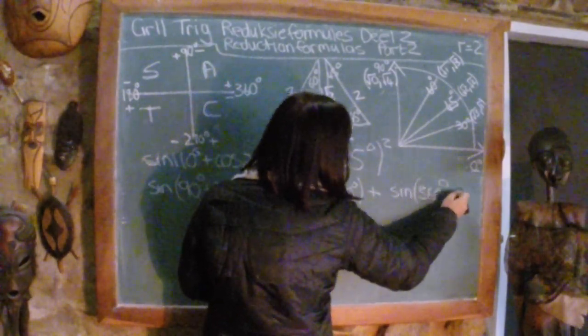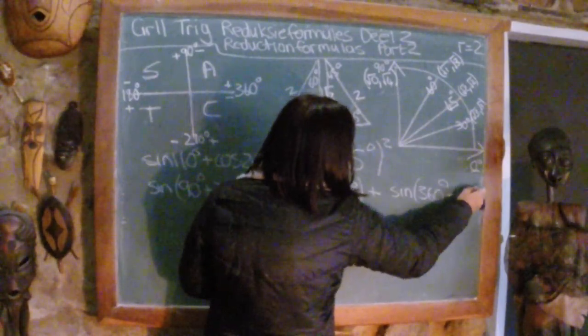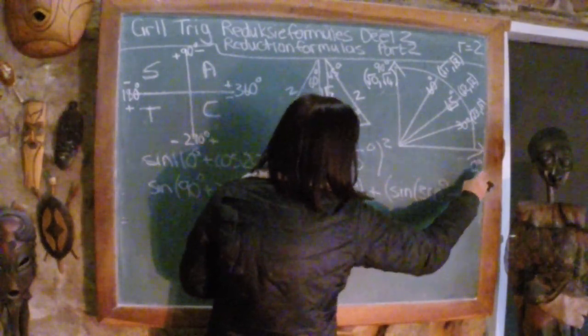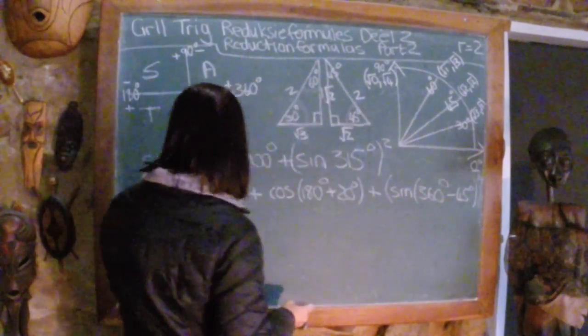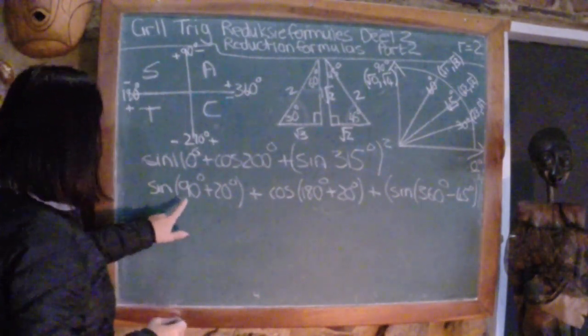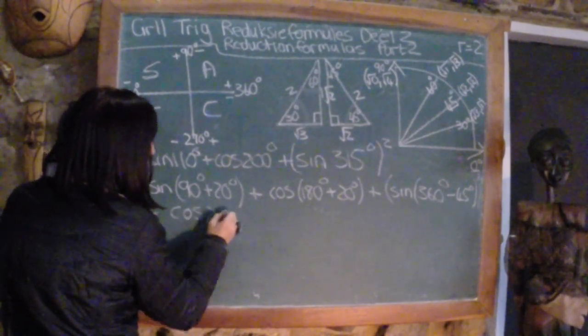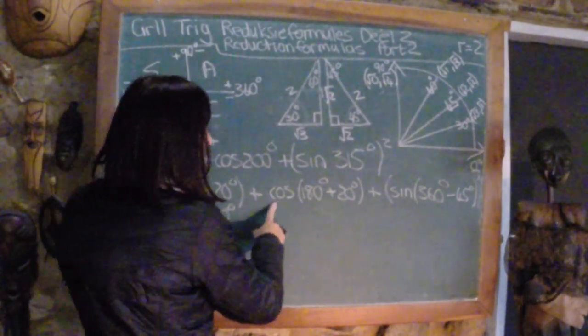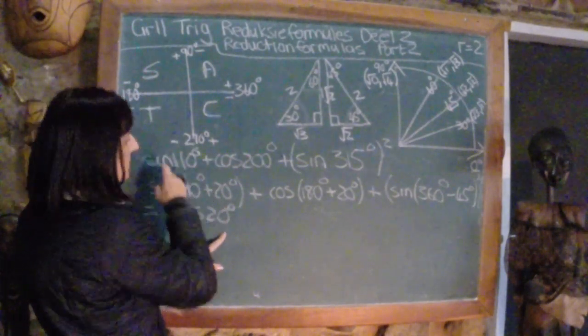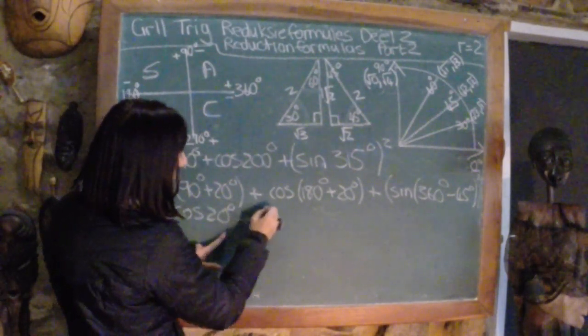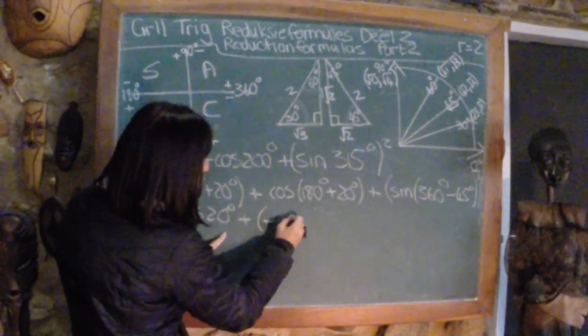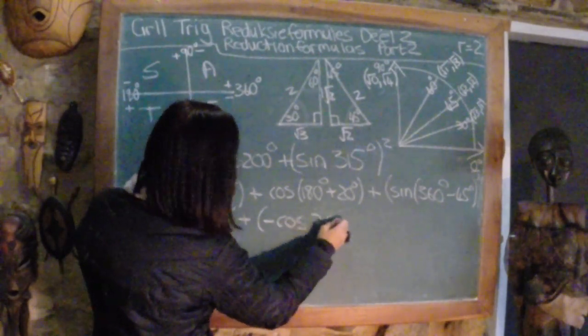That's a special angle. And remember, I must square the whole thing. Now let's apply that. Sin van 90 plus 20 is gelyk aan cos van 20, 'n kofunksie wat ek ken. Cos van 180 plus 20 is gelyk aan min cos van 20.